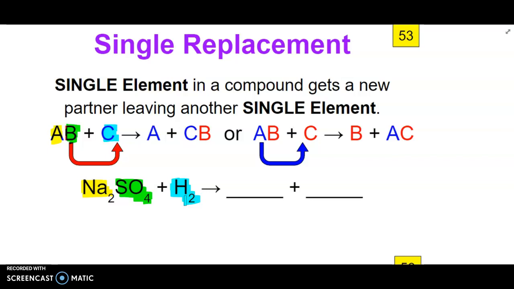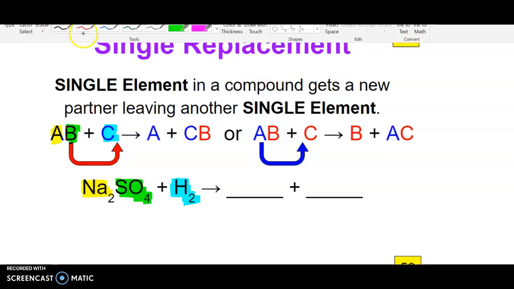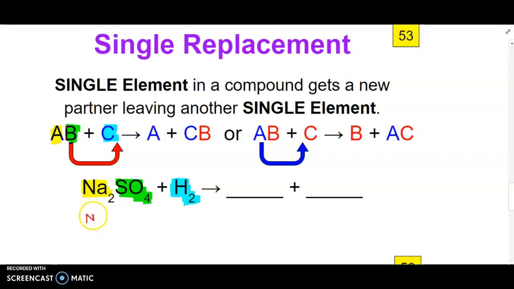Now on my lines, I'm going to also highlight some spaces so I know where things end up going. Let's first pull it apart. Sodium is Na+, SO4 is SO4 2-, and if hydrogen is all by itself, the charge that hydrogen forms is H+.